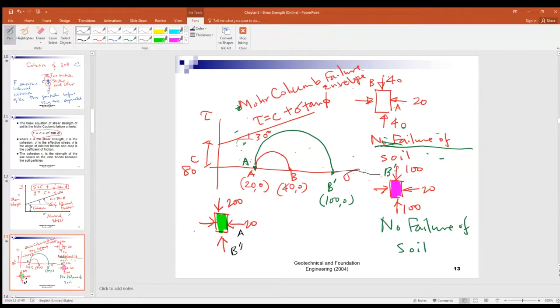If that is 100, now that is 200, 0. So if you draw the Mohr circle, what will happen? That's B double dash.